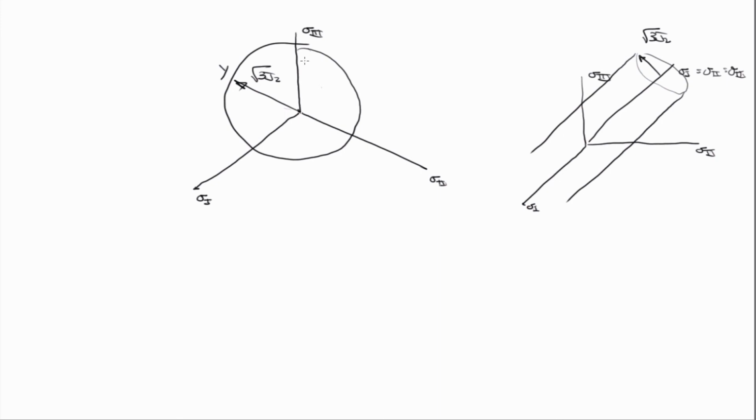So over here, it's like we're sitting on this line looking down it. And it's infinite because the line sigma 1 equals sigma 2 equals sigma 3 is the pressure, the hydrostatic component. And what did I say about plasticity? If I just have the material and I squeeze it on all sides, even to infinity, in a hydrostatic way, I'll never plastically deform a metal that way. If I let it go, the metal will always pop back where it was.